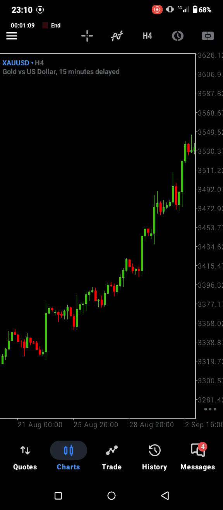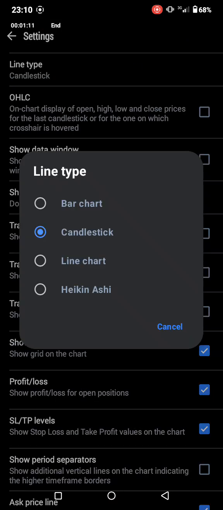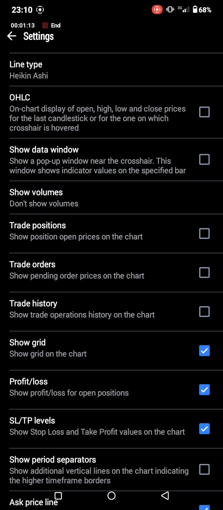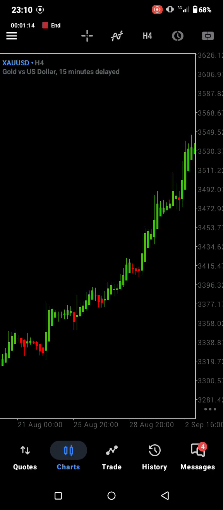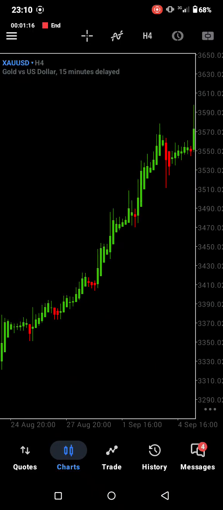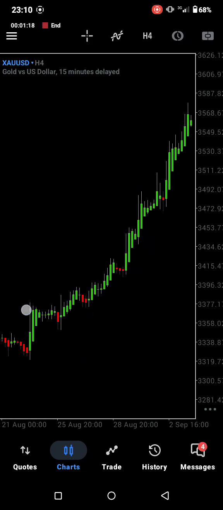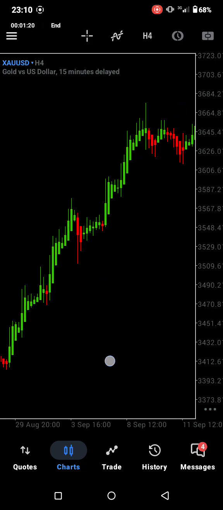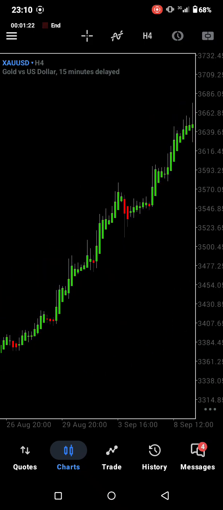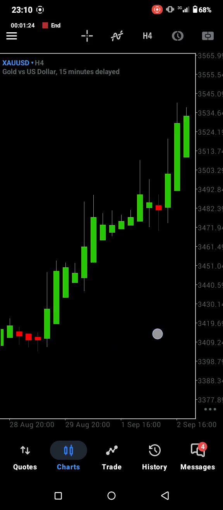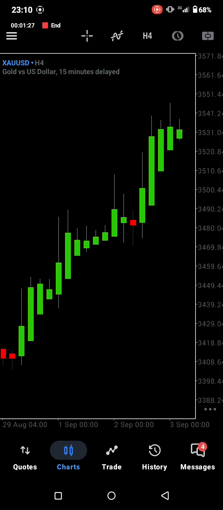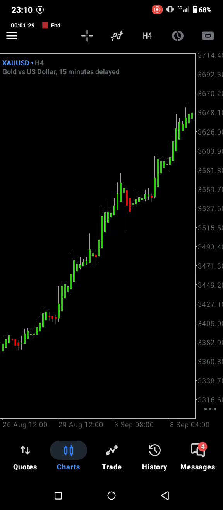So to smoothen this out, I will switch to Heikin-Ashi candles, right? So as you can notice, it smoothed out the trend, right? So now we can clearly see when price made minor dips and when it moved upwards.